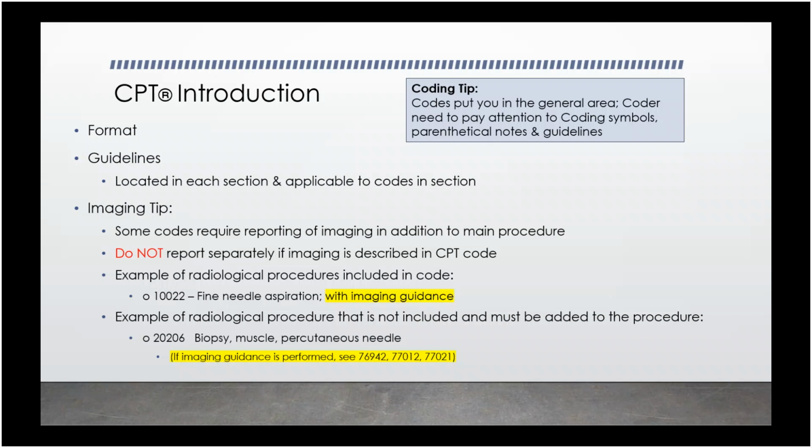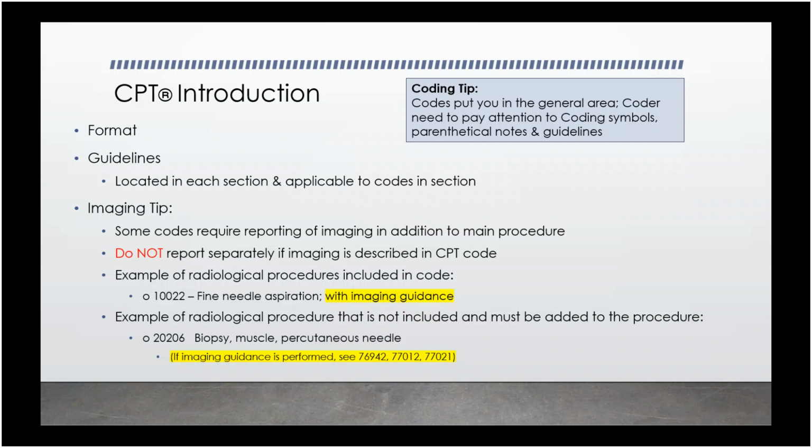What that's telling us is it's not in the description and we do have to report a separate code. So 20206, a biopsy, muscle, done percutaneous with a needle. The parenthetical note that's included there says if imaging guidance is performed, you're going to assign one of those codes. So you need to look it up to determine which one is appropriate.